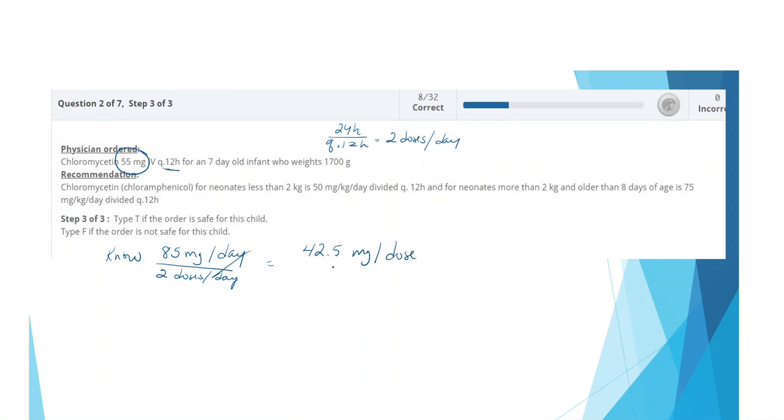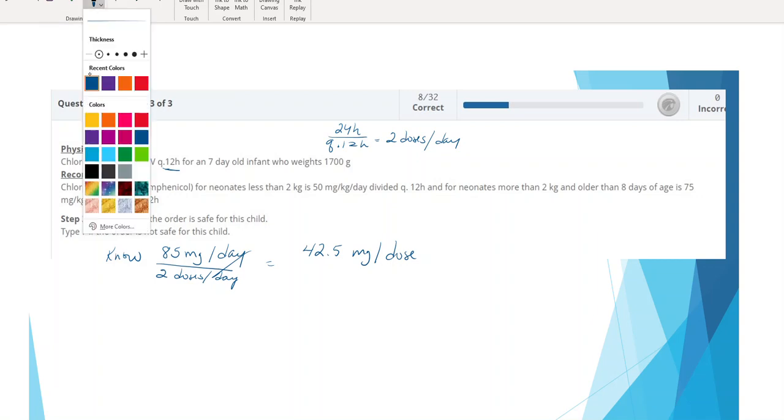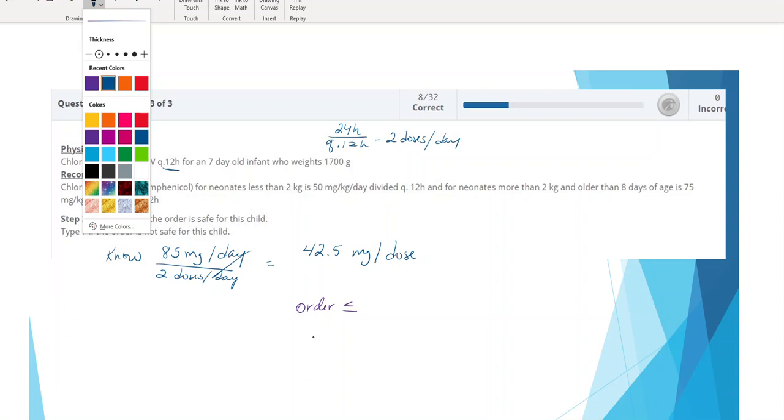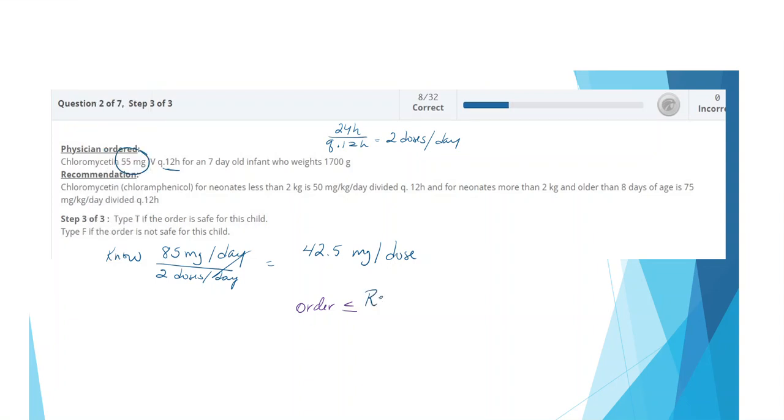This is my recommended. So this is like my maximum. So with these, remember that your order must be less than or equal to your recommended. So your recommended is going to always be your maximum.